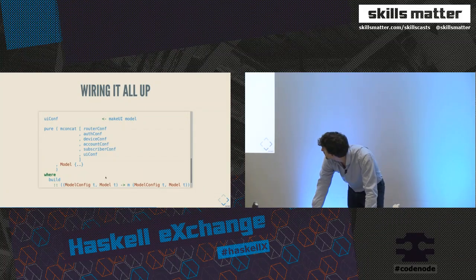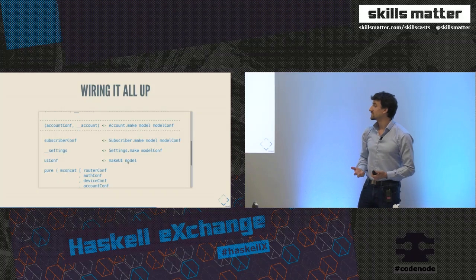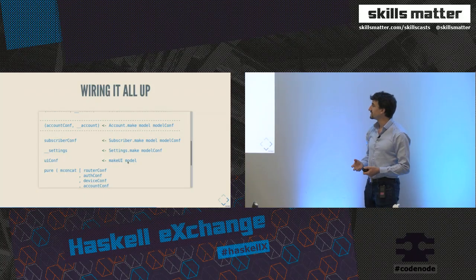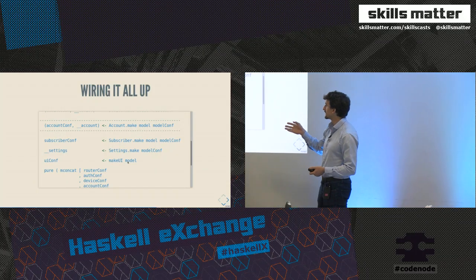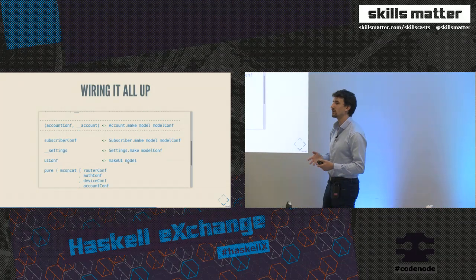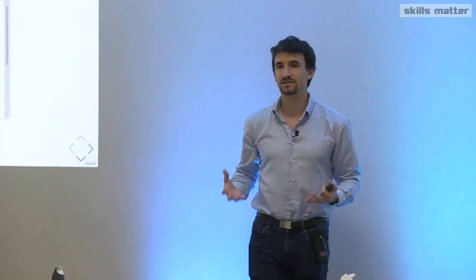So, one thing which is really nice. The last part here is our user interface. And you can see it basically as just another component, but it's somehow special because it doesn't take a config, which makes sense because the goal of this architecture was that the user interface is just a user interface.